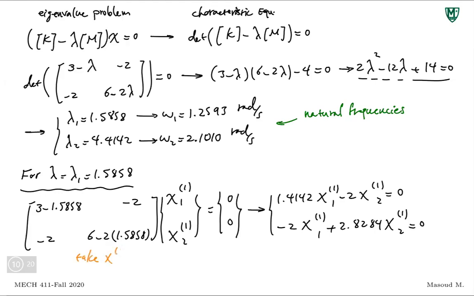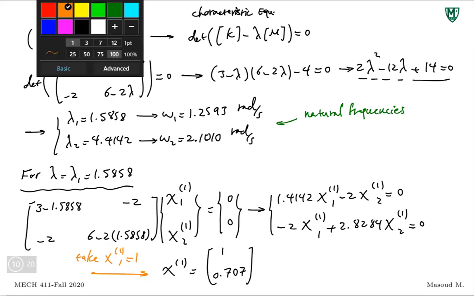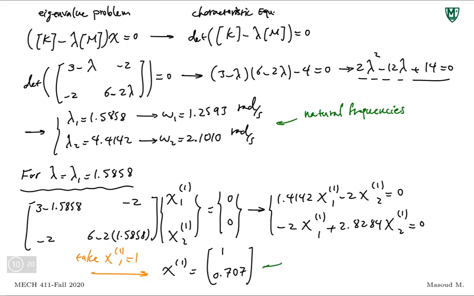Take x11 as 1. As a result, you will get x1 as, well, this is 1, we took it as 1, and the other one becomes 0.707. This is your first mode shape.